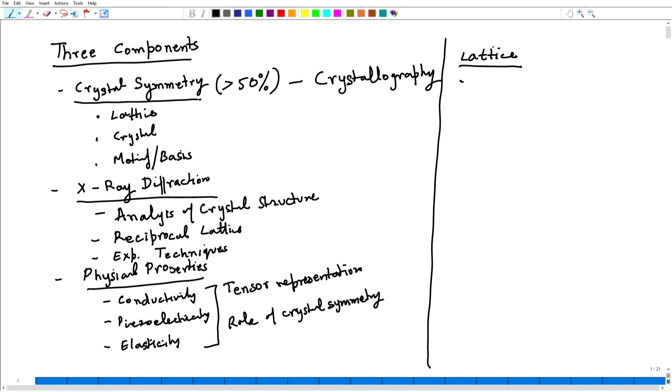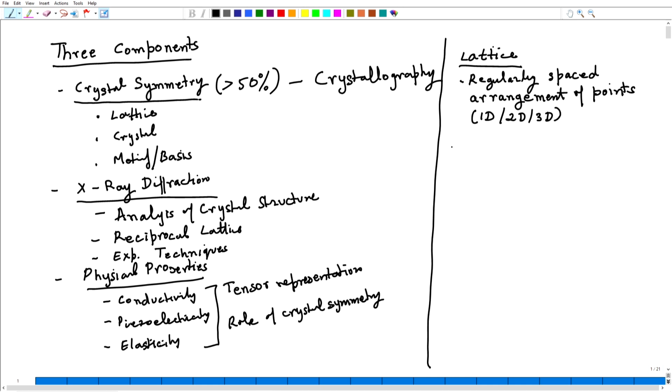So, if I want to put it into words, I could put it as a regularly spaced arrangement of points. And these points could be, we can consider in 1 dimension, in 2 dimensions or 3 dimensions.